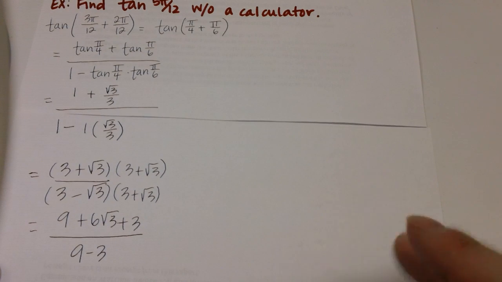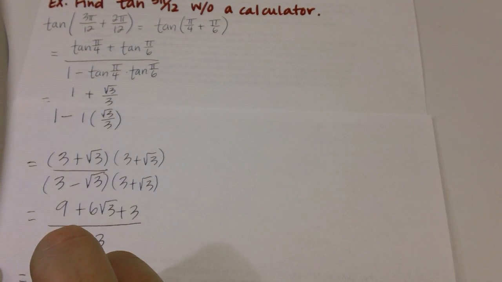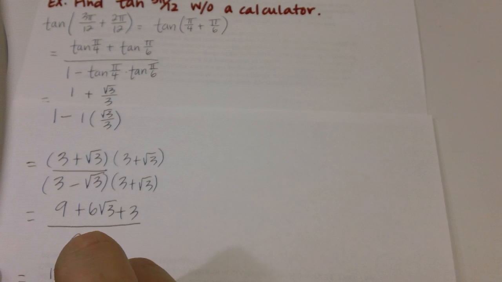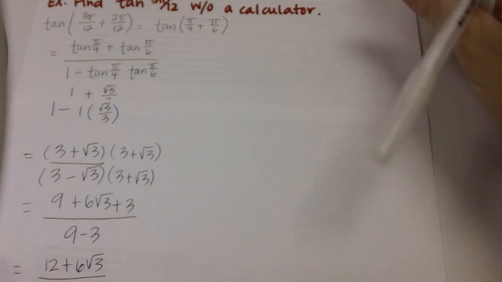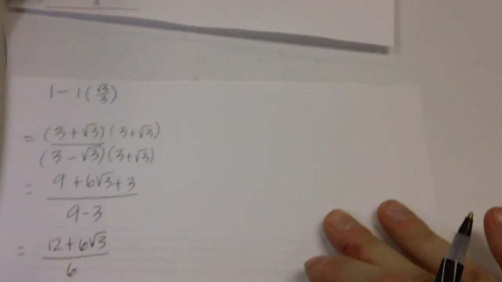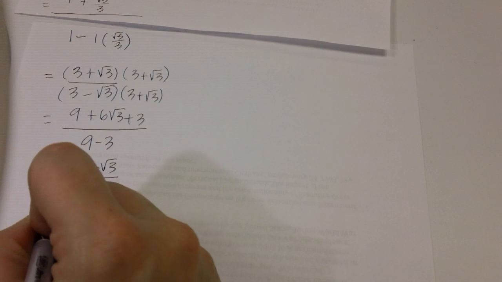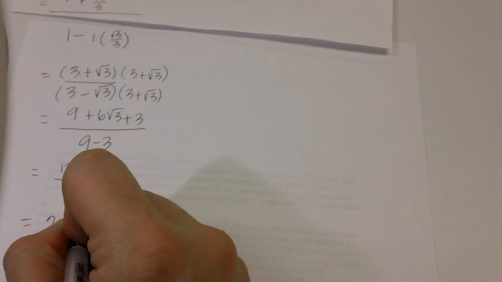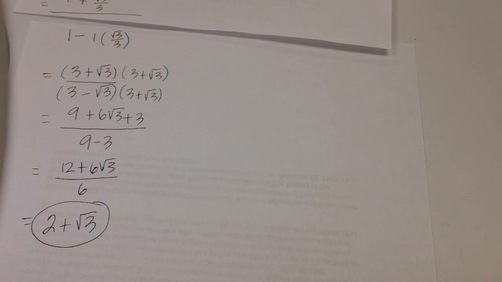When we simplify that, we get 12 plus 6 root 3 over 6, which will simplify to 2 plus the square root of 3. So our answer ends up being 2 plus the square root of 3.